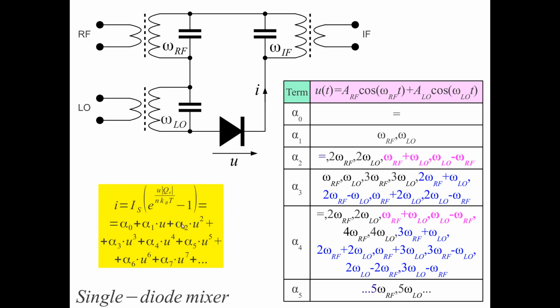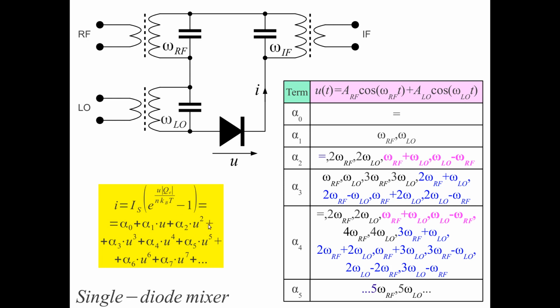The square term is also responsible for multiplication, because if we apply two voltages, the sum of two voltages, on the same diode, the square term will provide us the square of the first voltage, the square of the second voltage, and the product of the two voltages.